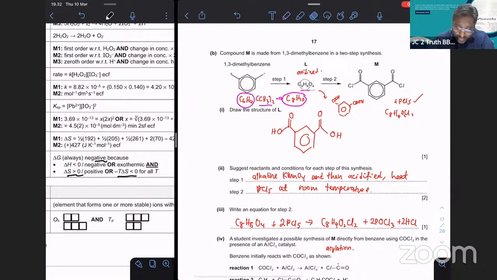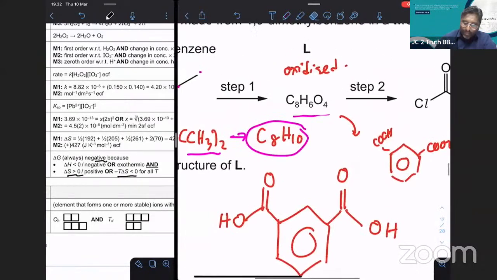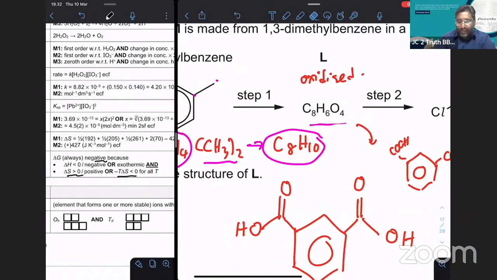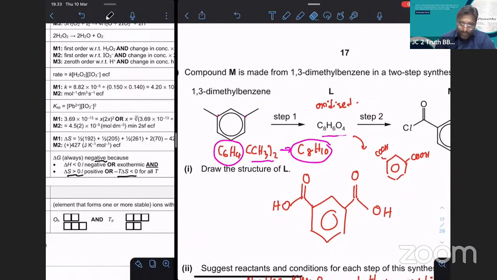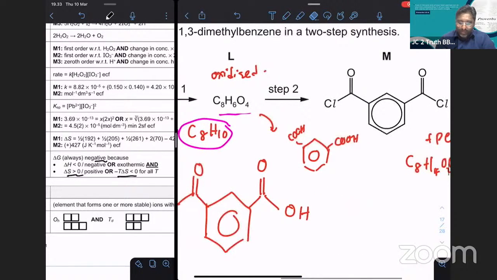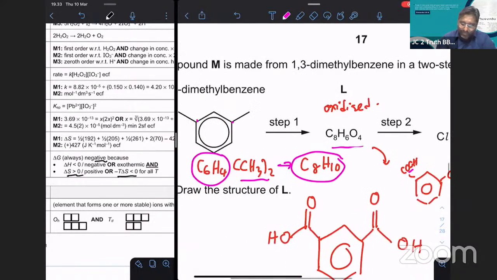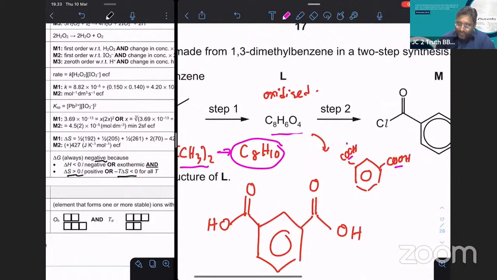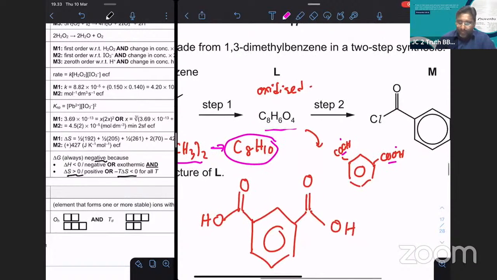This helps me, because I suddenly have 4 atoms of oxygen, and in that process my hydrogen is decreasing. So I can tell this is most probably an oxidation reaction where the methyl on my methylbenzene changes into carboxylic acid. That's the only way you can get the 2 oxygen to become 4, and the hydrogen goes missing because all the hydrogen in the CH3 is lost. But just to confirm, I just count.